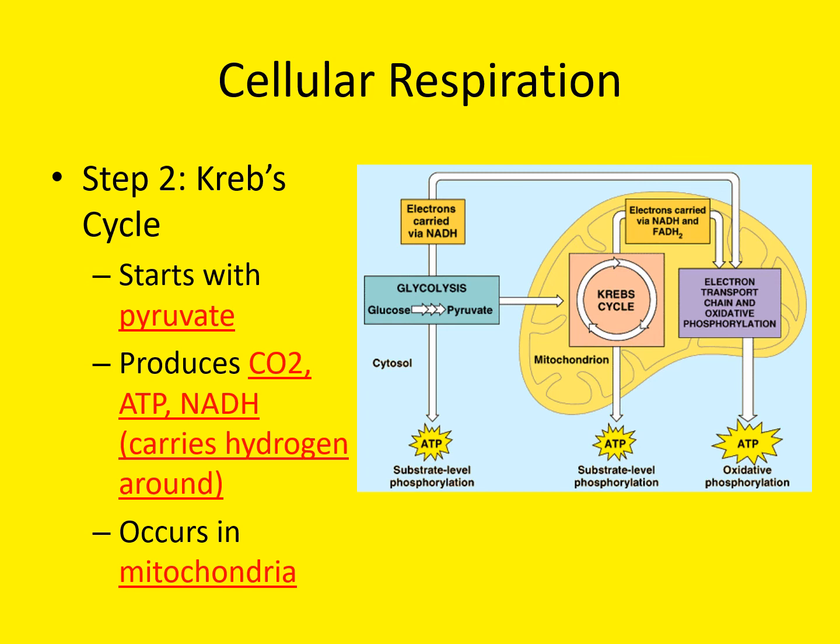Step 2 occurs in the mitochondria. It's what we call the Krebs cycle. It's also called the citric acid cycle because pyruvate or pyruvic acid is a citric acid. So glycolysis took sugar and started to break it down. Well, it broke it down into pyruvate or pyruvic acid. So it's an acid, we need to get rid of it.